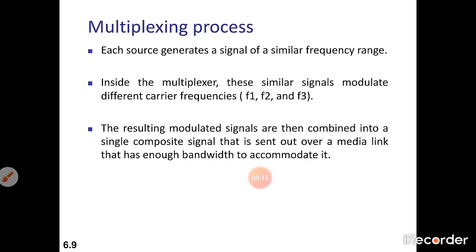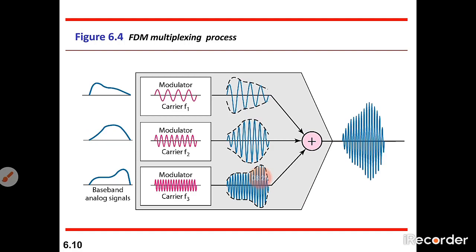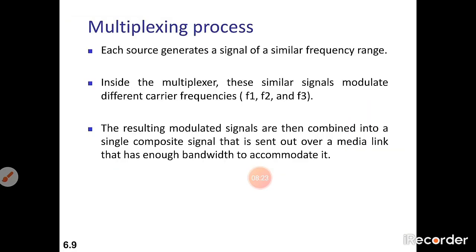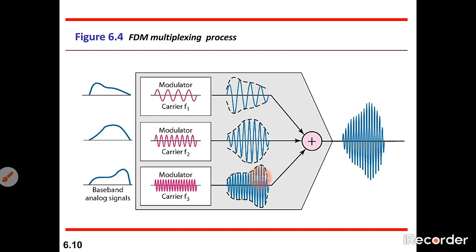Next is the multiplexing process. As I told, each source generates signals of a similar frequency. Inside the multiplexer these similar signals are modulated with different carrier frequencies. Using these carrier frequencies we modulate each signal coming from each device: one is F1, another is F2, another is F3.